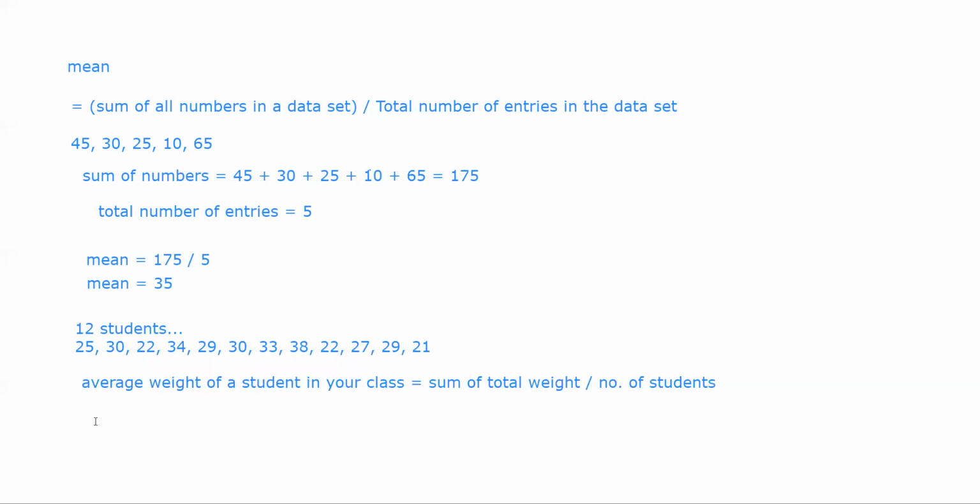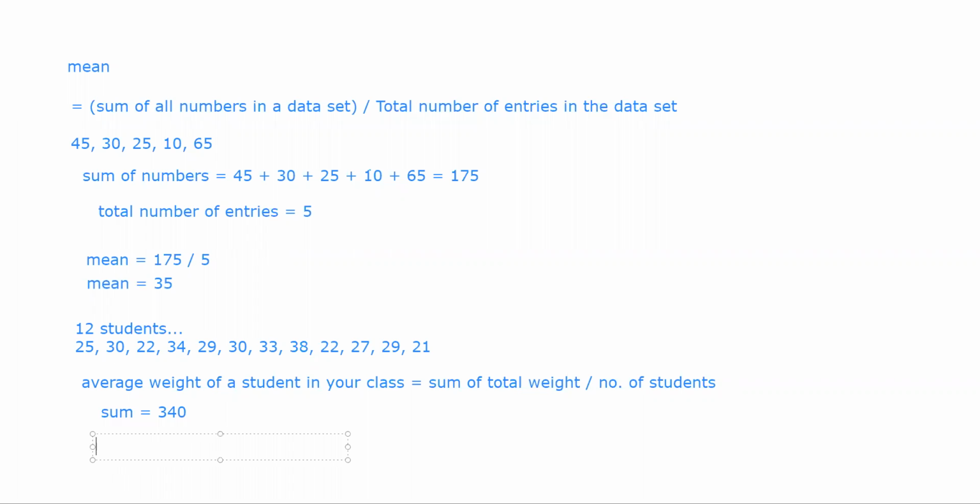So the sum of weights is equal to 340. I hope this number is right. You can check the calculation by adding all of them. And there are 12 students.